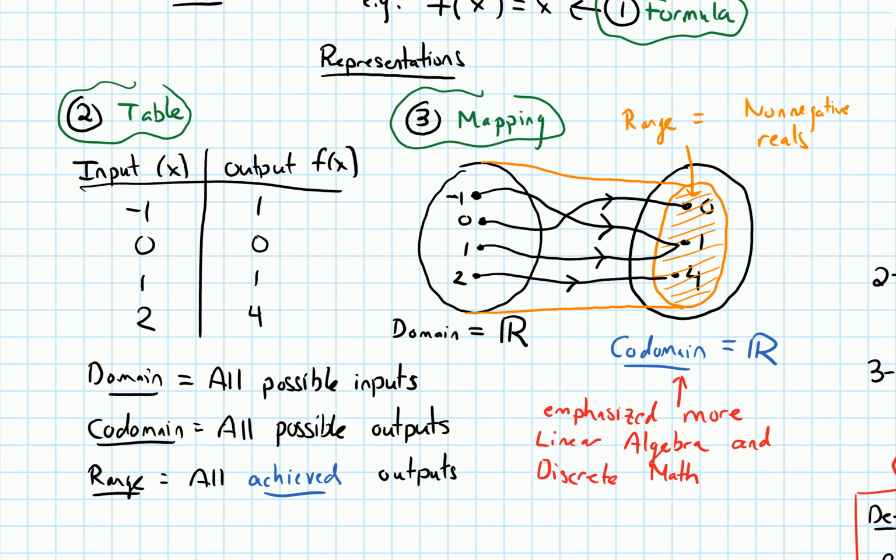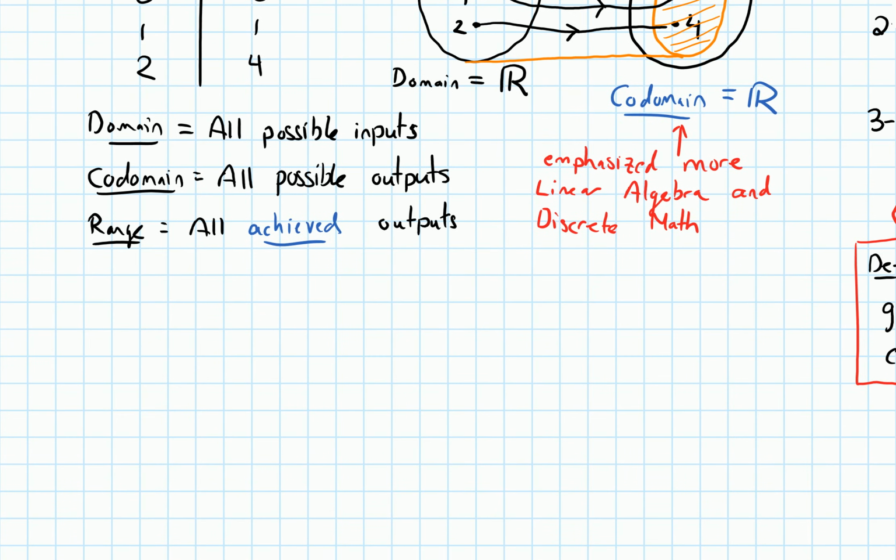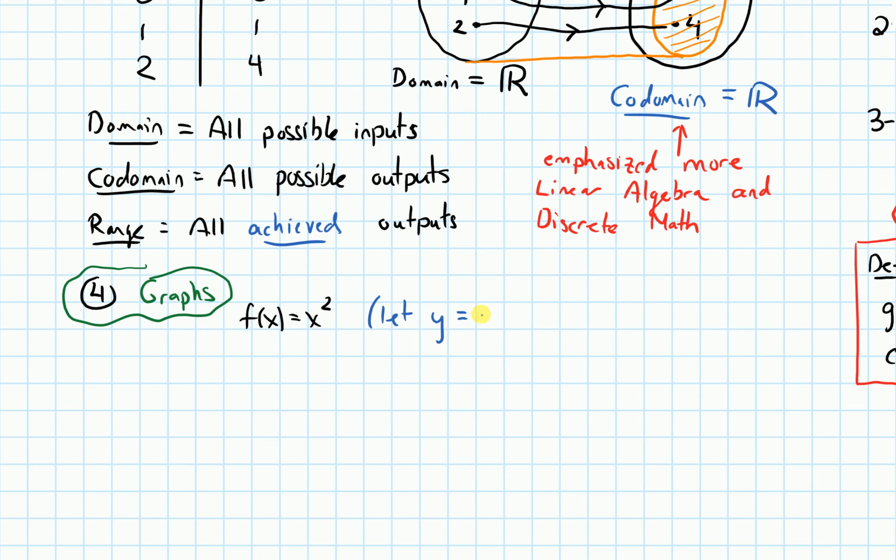Alrighty. So we have so far three representations for functions. There is one more common one that I want to write down, and that is graphs. We could represent a function graphically. In this case, our function was f of x equals x squared. It's really common with functions to let y be the output of f of x. If we do that, we can write this equation as y equals x squared.